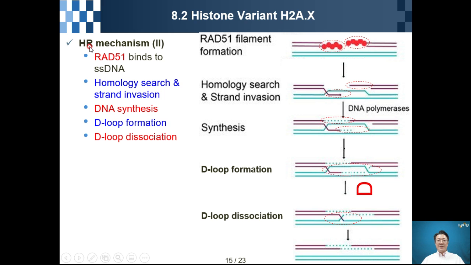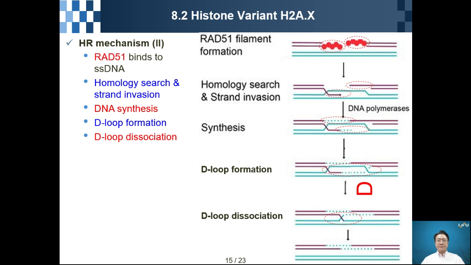This is the HR mechanism. The homologous recombination is based on a DNA template, and that's why we call it the homologous recombination mechanism. HR is a DNA template-dependent DNA repair mechanism.